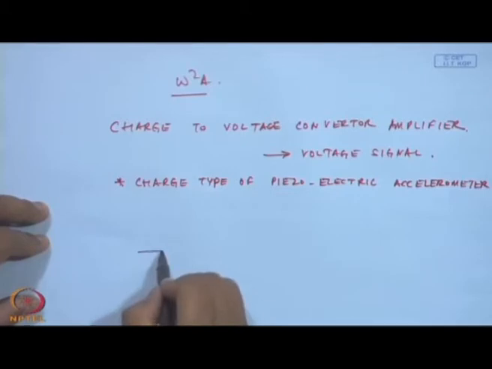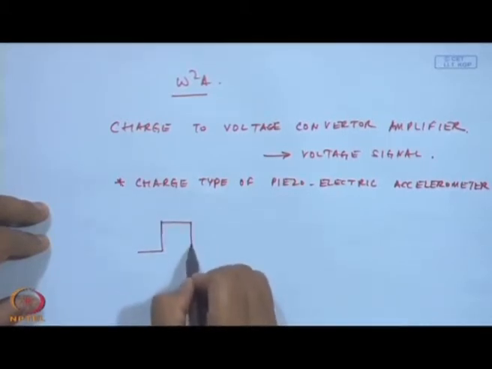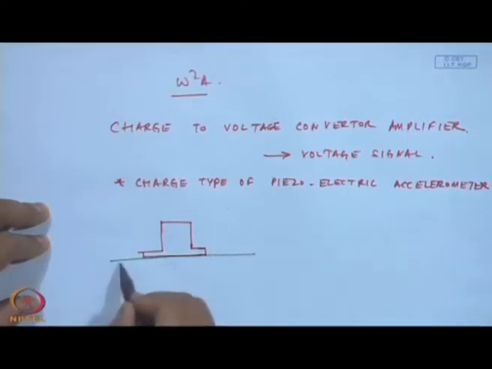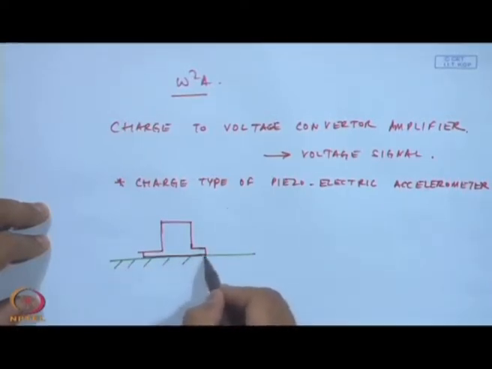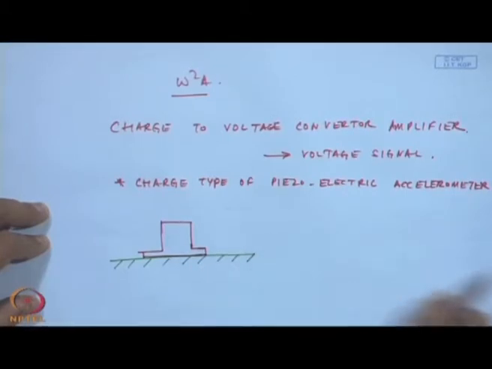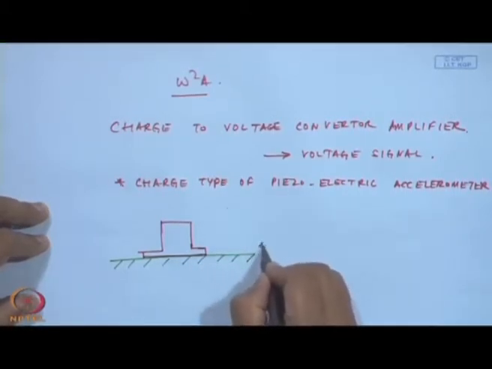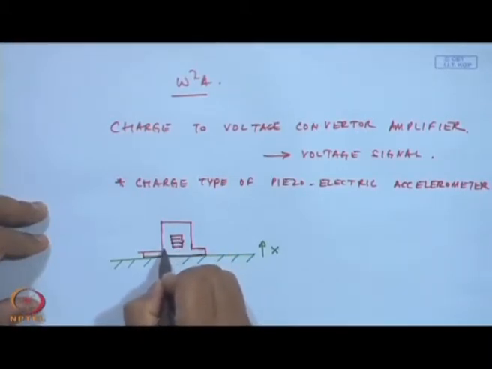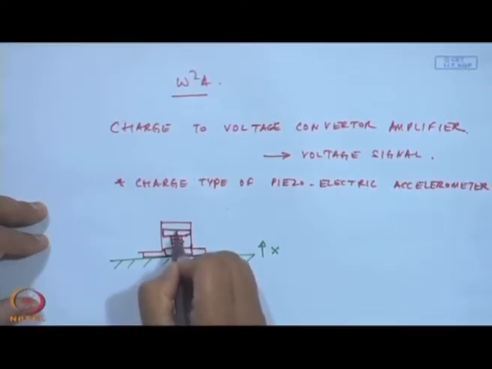What happens here? Suppose I make this accelerometer here. This is mounted on a surface, wherein it is having a certain motion x. So, essentially in this piezoelectric type accelerometer, all I have is a set of piezoelectric crystals mounted within a certain disk, and they are bolted.